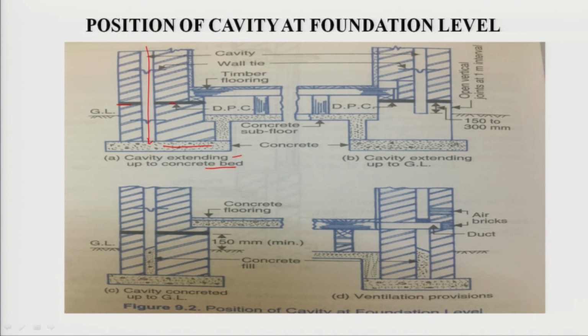It is not going up to the concrete level, but it is going up to ground level. The third is the cavity concreted up to ground level. You can see here up to ground level the concrete has been done in the cavity. And the fourth option, we can see the ventilation provision has been made, like this duct provided here. So, this is the cavity position at the foundation level.